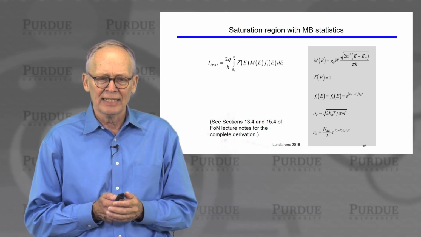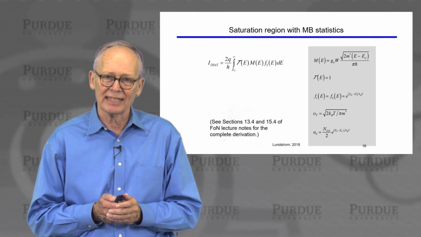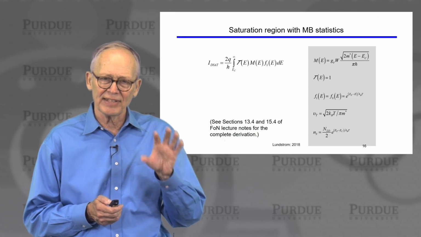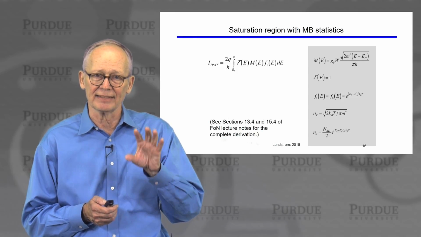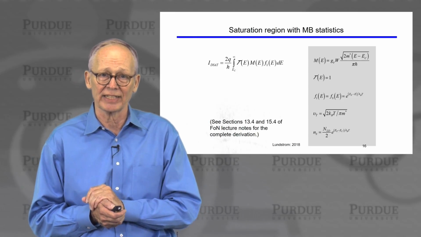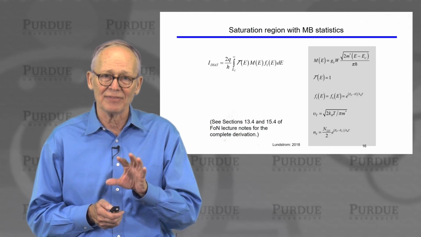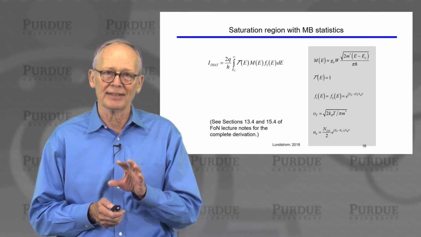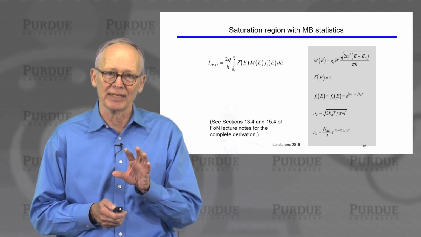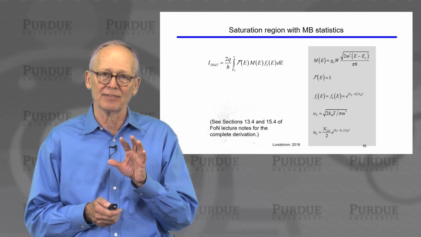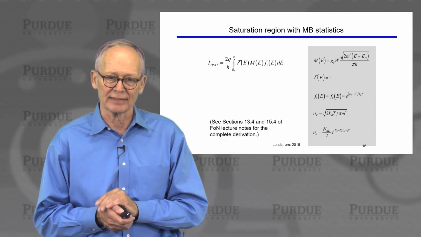And we also know that the electron density now is not given by effective density of states times e to the Fermi level minus conduction band over kT. It's given by 1/2 of that, because only half of the states can be occupied, half of the states that have positive x-directed velocities.